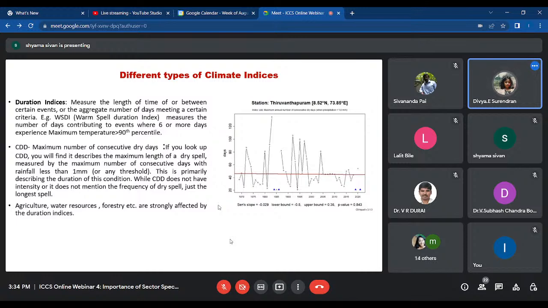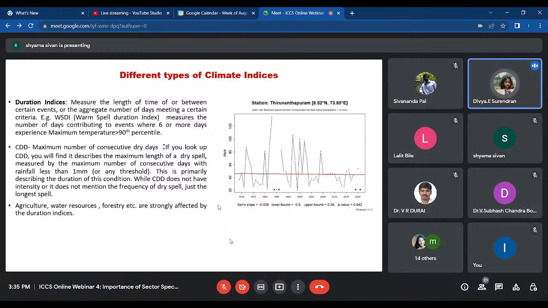Suppose I want to see how many times there were six or more consecutive days when the temperature was above a threshold, like maximum temperature more than 40 or more than 38 degrees. So we can define the days and see how long that particular condition was sustained. It will give the length of that particular event.